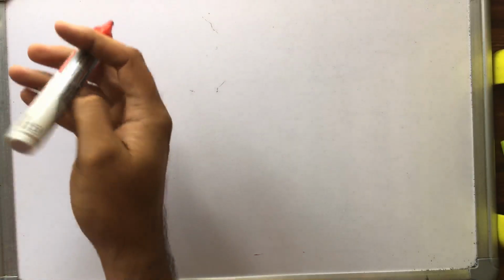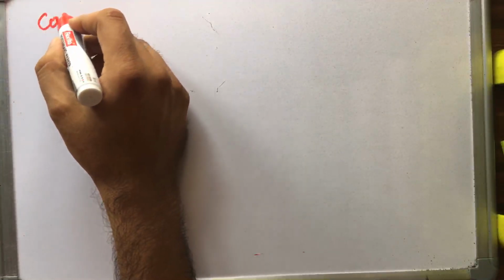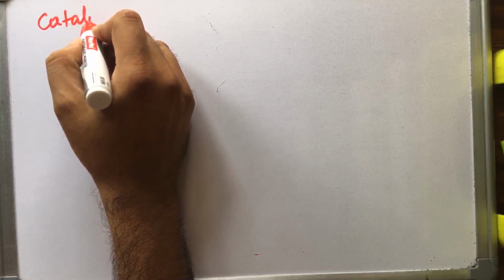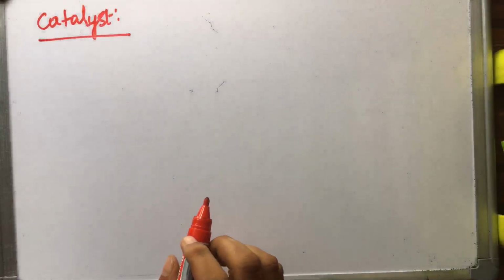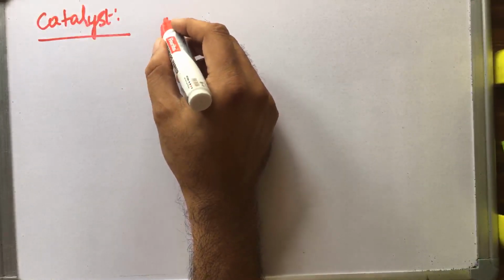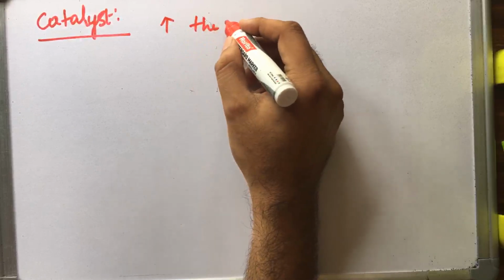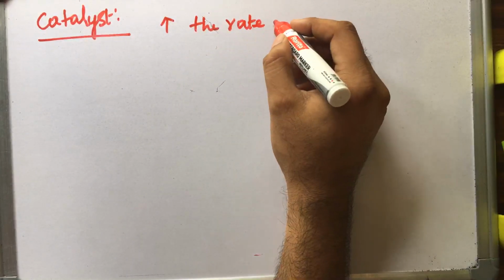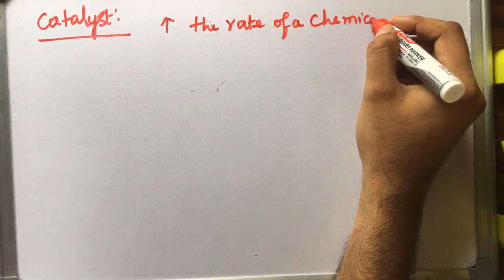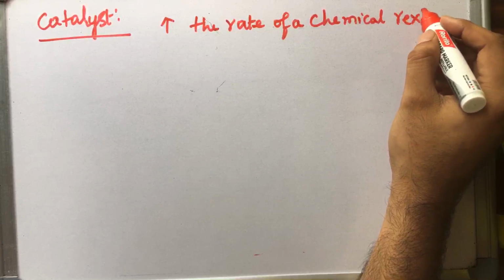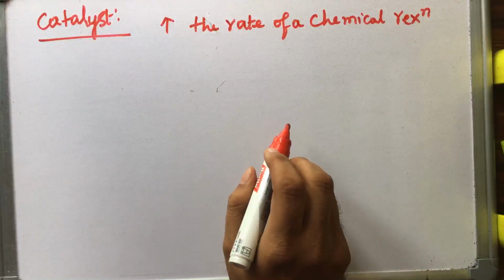So what is said to be a catalyst? Tell me, students, what is the definition of a catalyst? A catalyst is a substance which, when added to a reacting system, increases the rate of a chemical reaction without changing itself or being consumed.